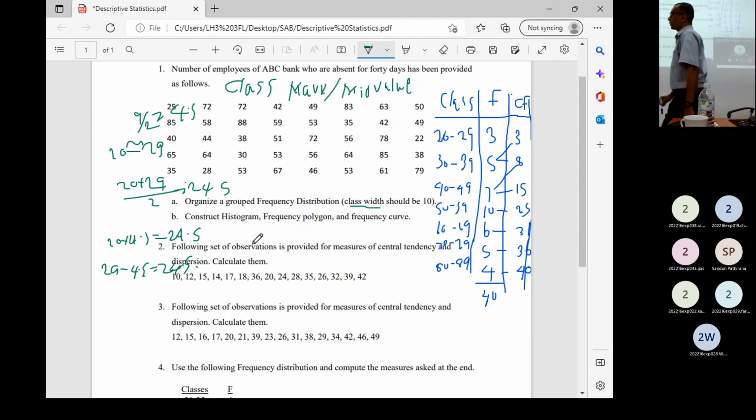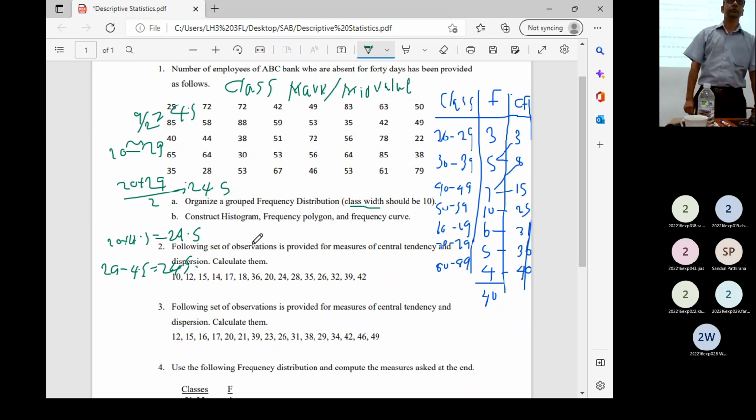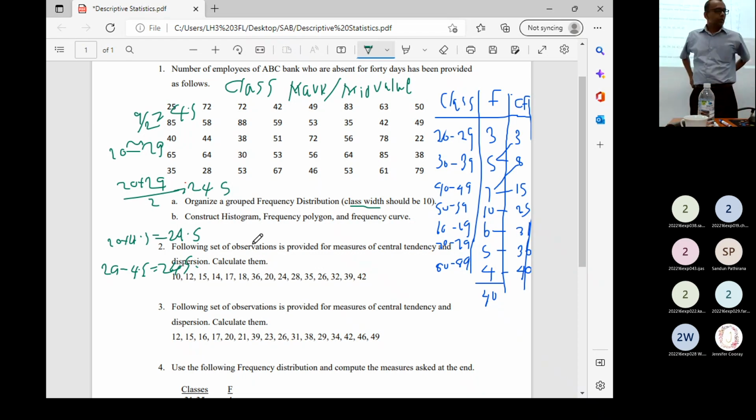Right, only one term you need to understand after the data organizing. What is meant by open class? Open class. You can see the endpoint of a class: 20-29, 30-39, 40-49, end.